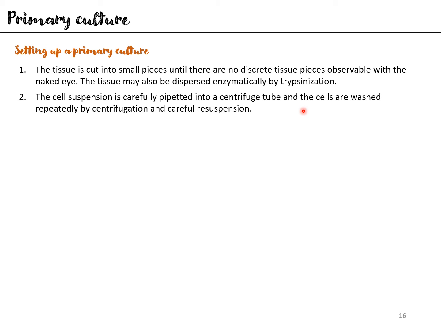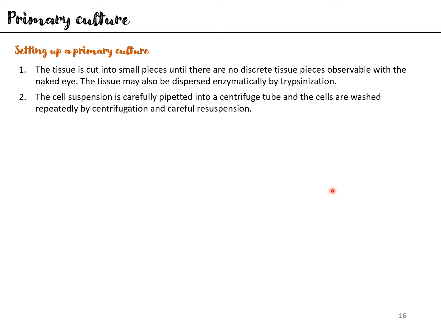Once you have disaggregated your cells, the cell suspension is carefully pipetted into a centrifuge tube. The cells are washed repeatedly by centrifugation and careful resuspension. So what do I mean by that? You collect your cells in a centrifuge tube and spin it to pellet down the cells.